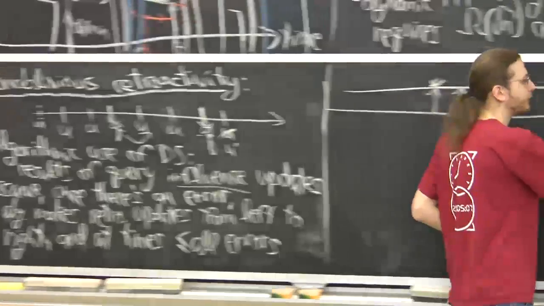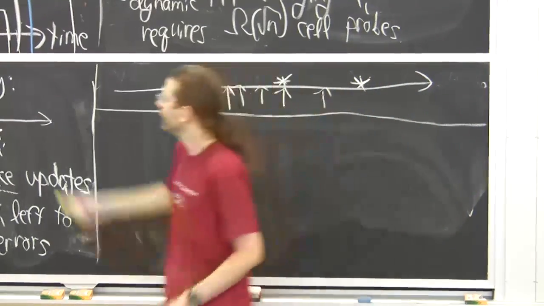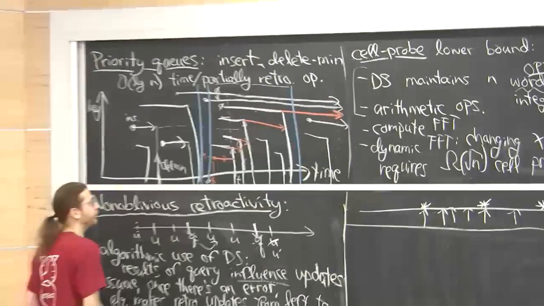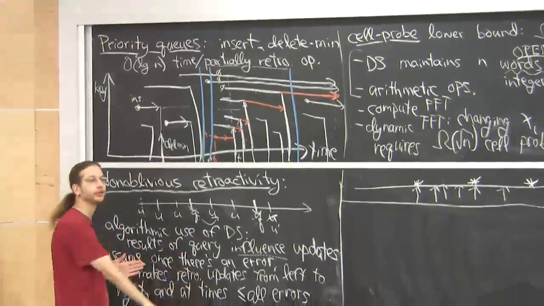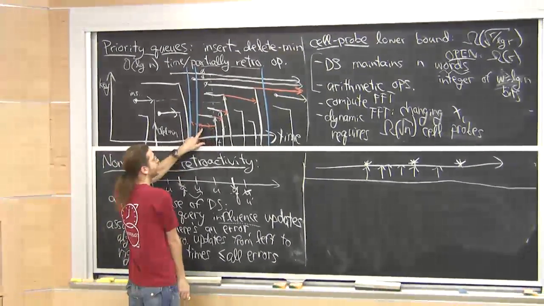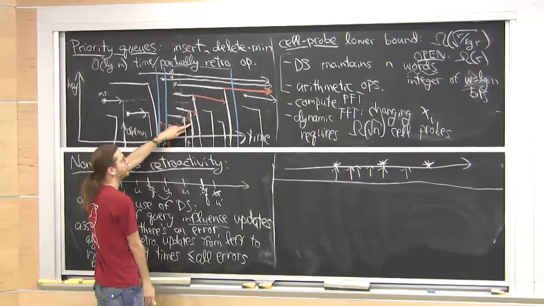This is a very different kind of retroactivity. I would say it's more about maintaining this exact picture of what's happening, but being able to teleport over the uninteresting stuff. So in this picture, if we're doing priority queues like this, when I make this change, well, that query changes, that query changes.